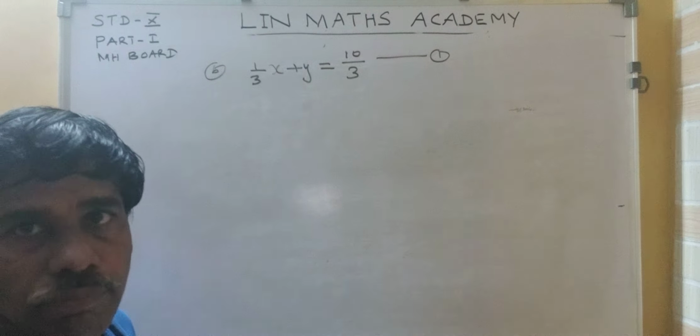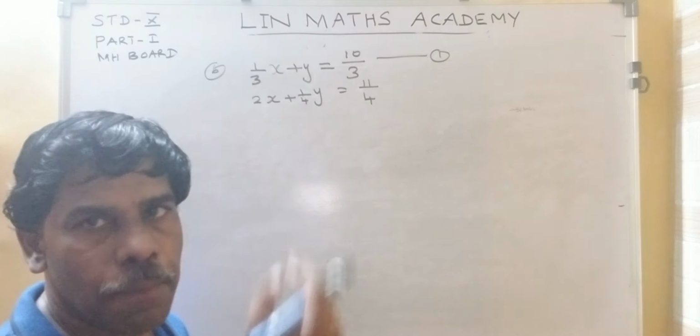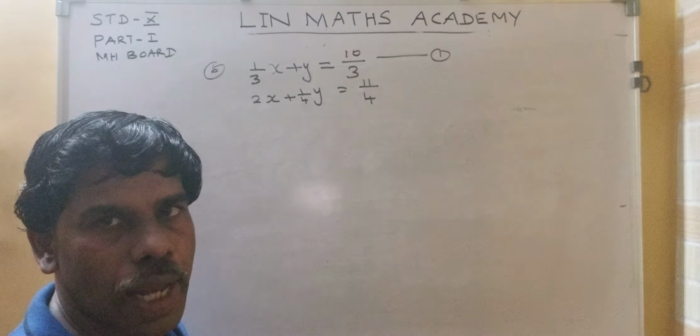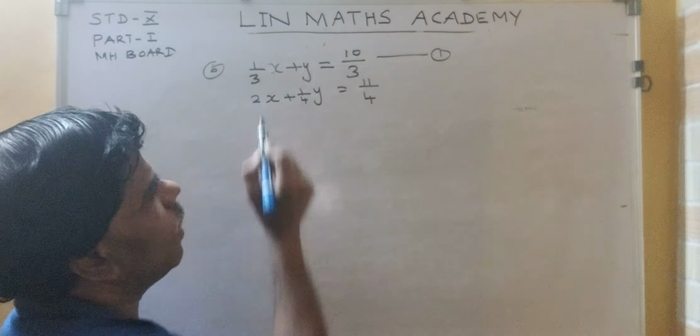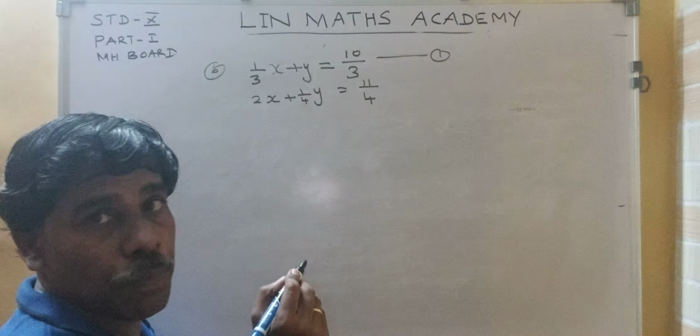Second one, 2x plus 1 by 4y equal to 11 upon 4. Now, look at this. If you have got integers, then it is very easy to solve the sums by equating, right? Now, here you see 1 by 3 is there, here 10 by 3 is there, here 2x, here 1 by 4, 11 upon 4.